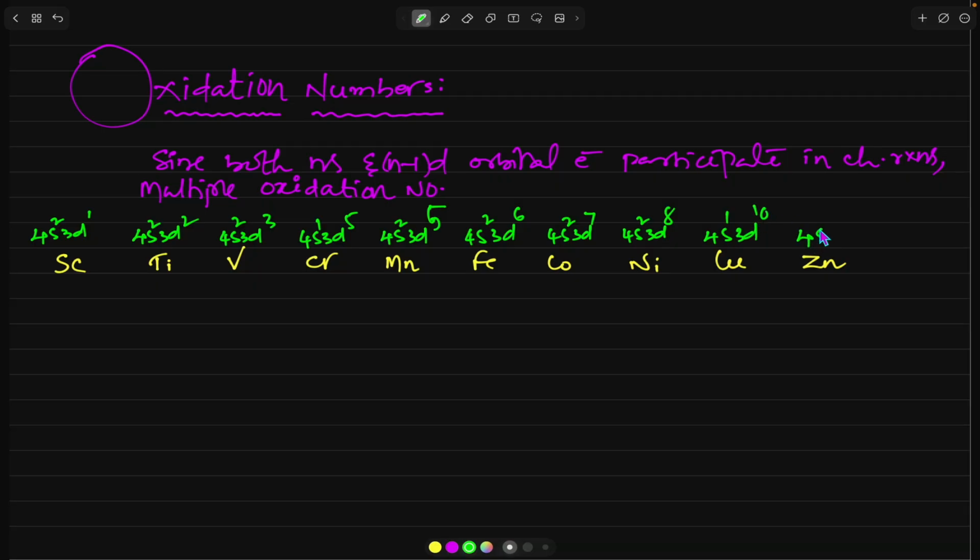Everything in d block elements is on the basis of electronic configurations only. That's why you should be able to write the electronic configurations, right?